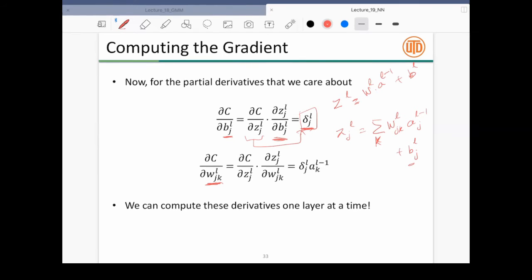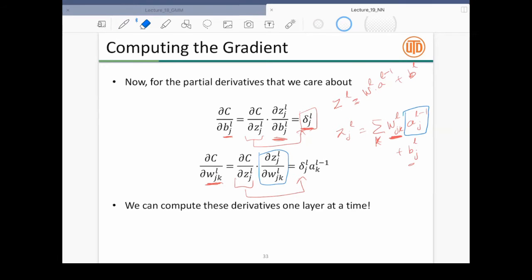Now you want to take the gradient with respect to each parameter W j k L. So this term is nothing but the gradient of C with respect to z j L, which is delta L j. And this other term is going to be the kth component, so it's going to be A k of L minus 1.